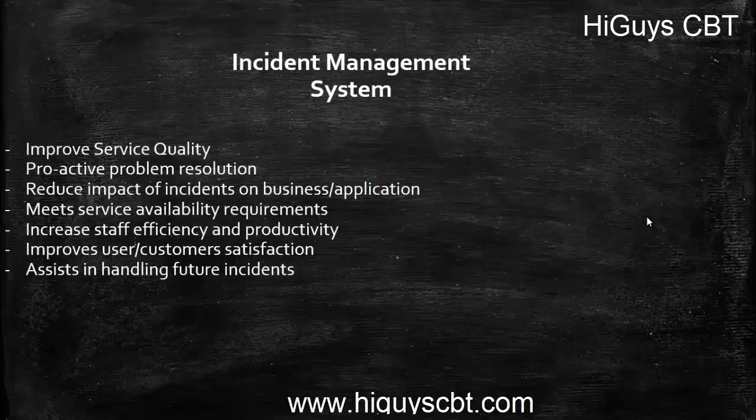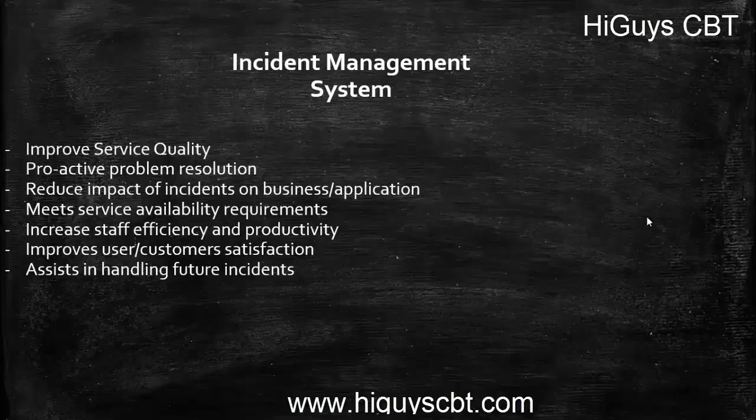Incident management. Incident management is a set of defined processes to identify, analyze, prioritize, and restore the system to normal service operation as soon as possible and prevent the recurrence of the same incident.